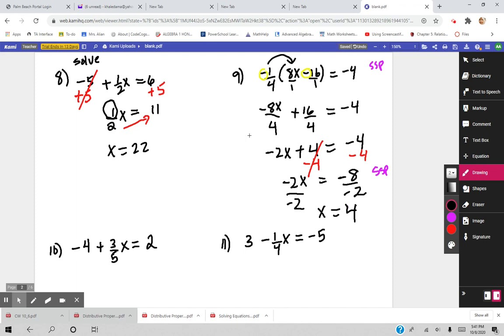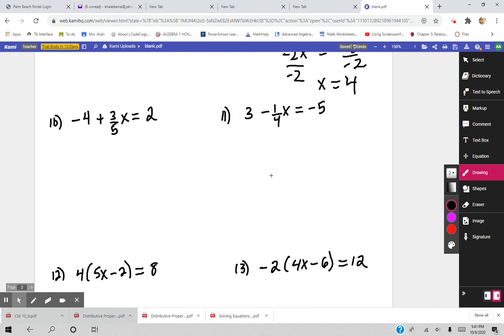Okay, let's keep going. So we're going to go ahead and add 4 to both sides as our first step. Create that zero pair to eliminate the -4. So we're trying to solve for x. We need the term that has the x all by itself on one side. So now we have 3/5 x all by itself on one side, and 2 plus 4 is 6.